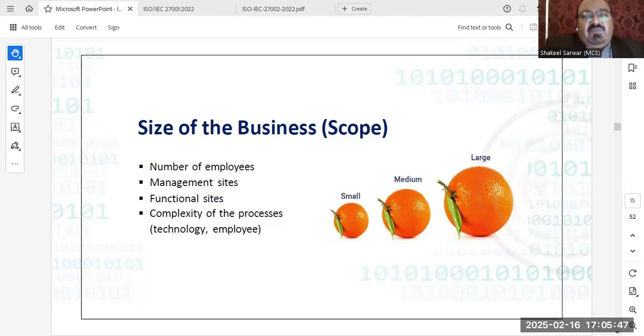Say, a bank is in question or requires to have ISMS implemented, and they might be having more than 200 branches, or if you consider that there is only one office where you have to conduct this exercise, it is going to be entirely different.